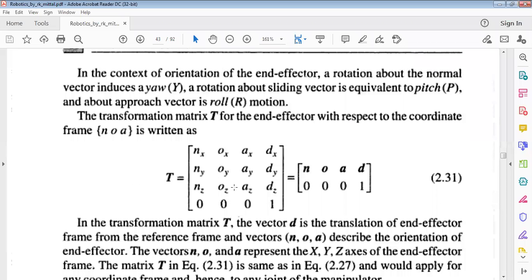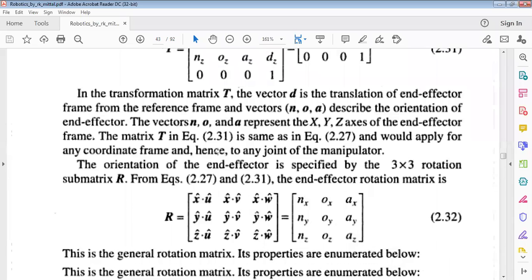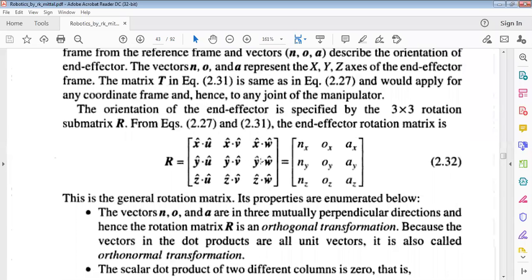Okay, and the transformation matrix for the end effector is similar to the transformation matrix between 2 frames. This is the rotation matrix, which is identical to the rotation matrix of the end effector, but the elements in this rotation matrix are the scalar products of unit vectors.